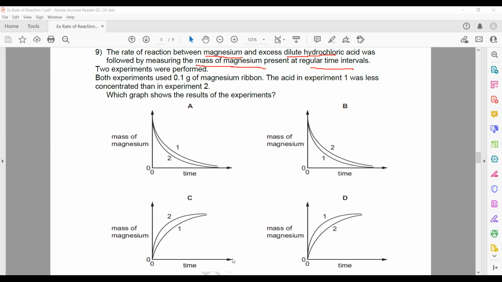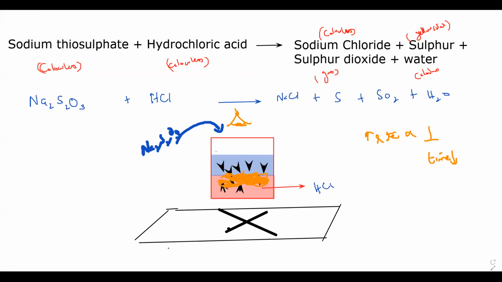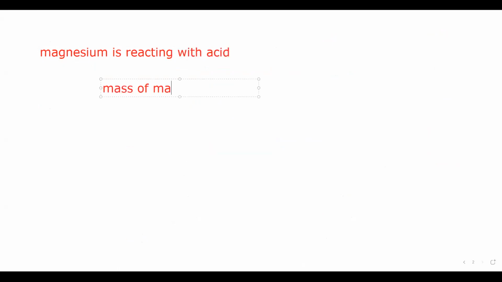Because magnesium is reacting with acid, what should happen to the mass of the magnesium? The mass of magnesium should decrease. That is one thing.